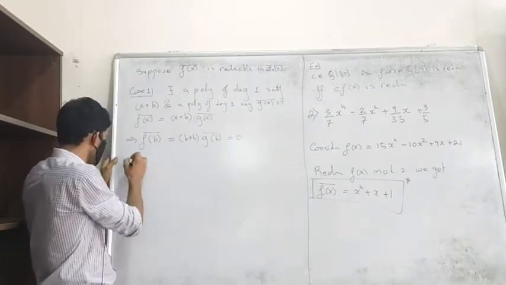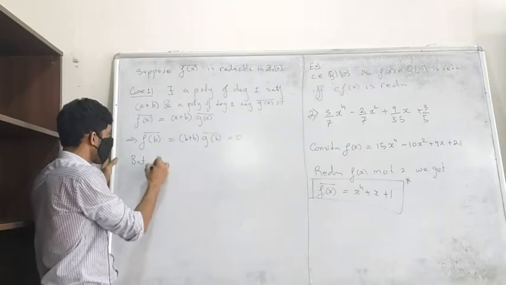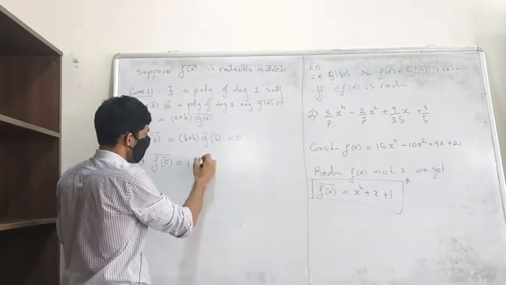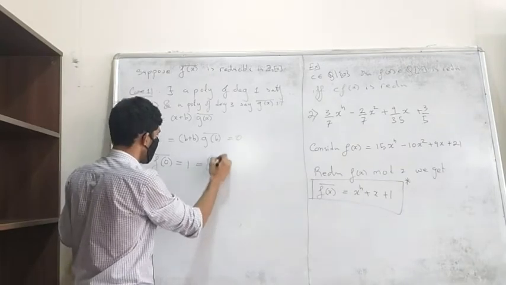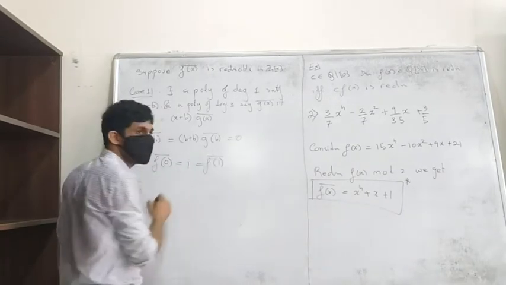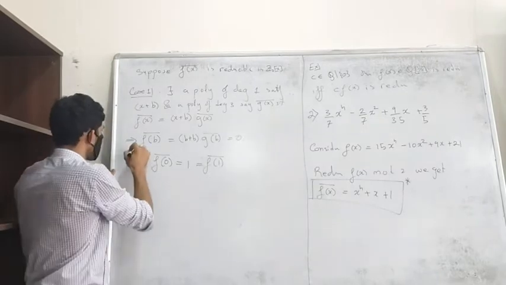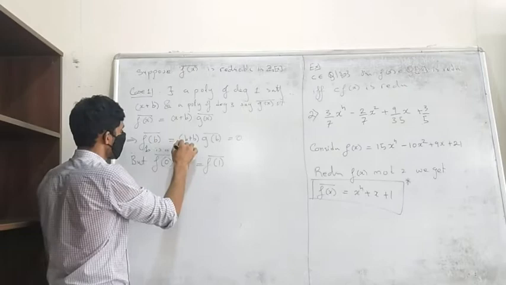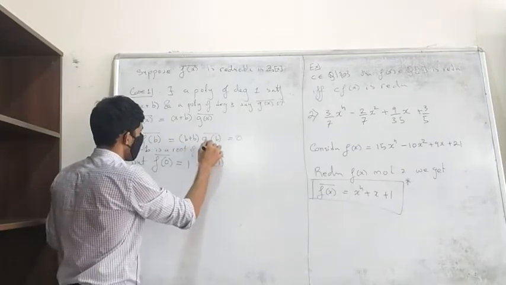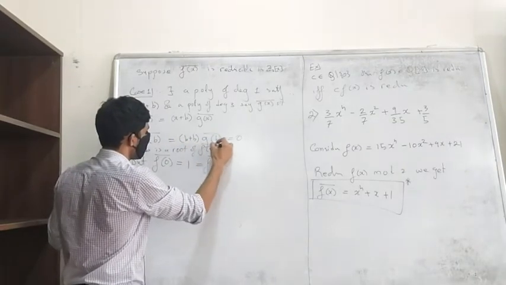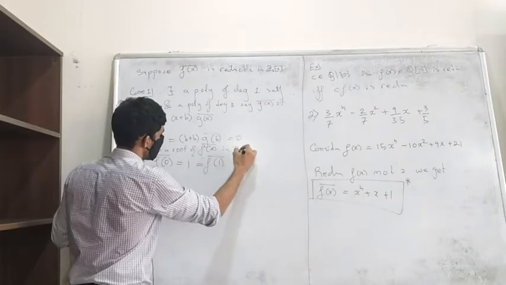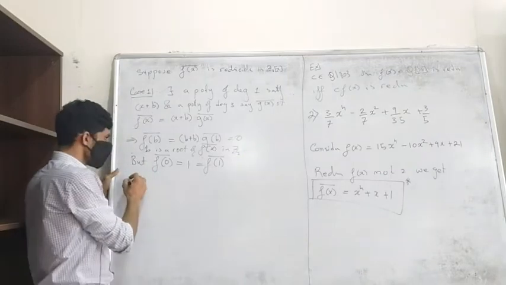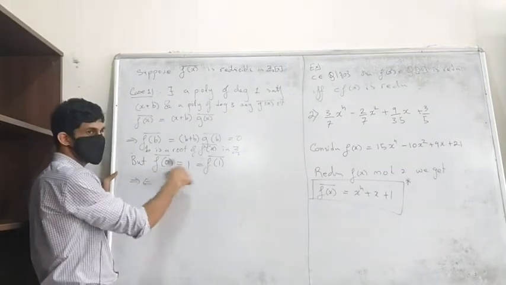But notice here that f of 0 bar is 1, which is also f of 1 bar. So it has no roots. Therefore b is a root of f of x bar in Z2, so this is a contradiction because it has no roots.